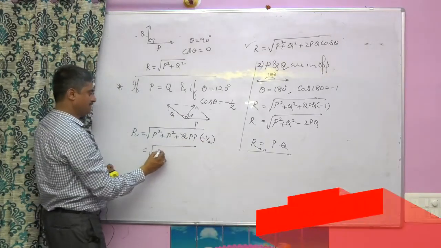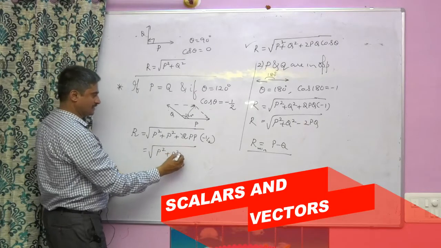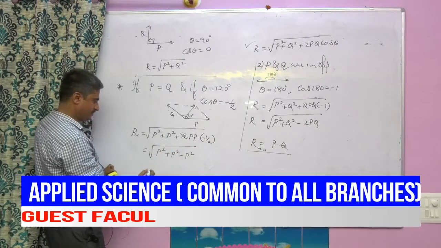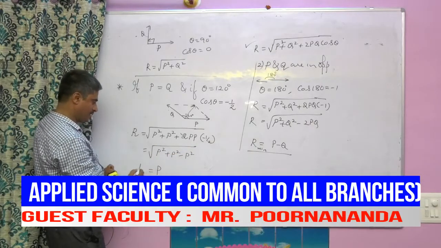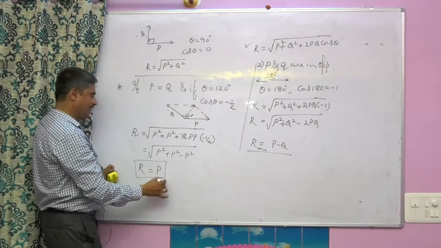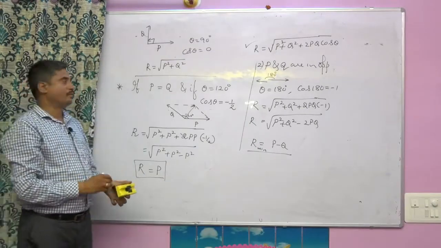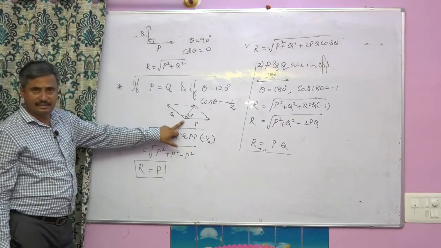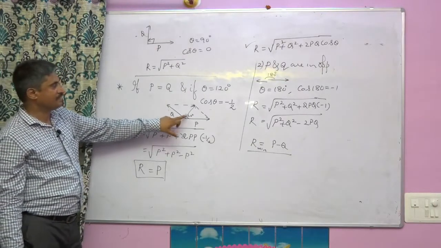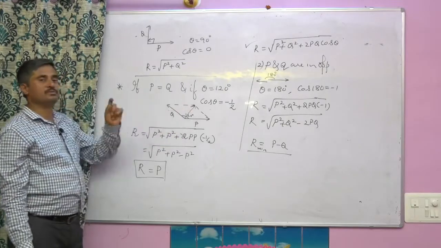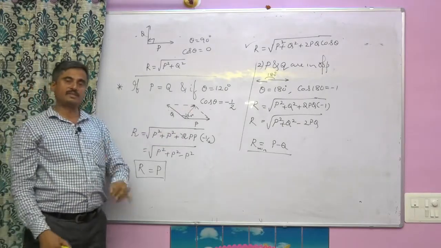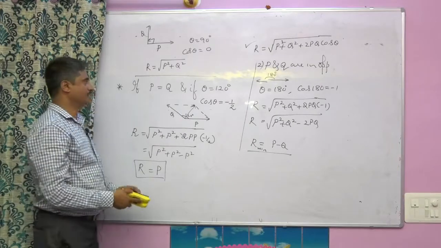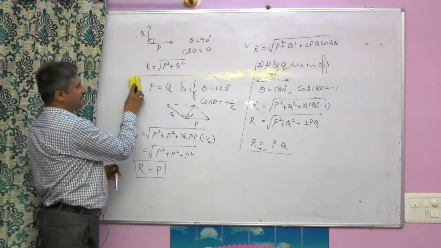Therefore, P square plus P square minus P square. Therefore, it is P. So, if two vectors having same magnitude are acting at an angle of 120 degree, then the resultant is equal to the magnitude of either of the two vectors. So, this is very important.